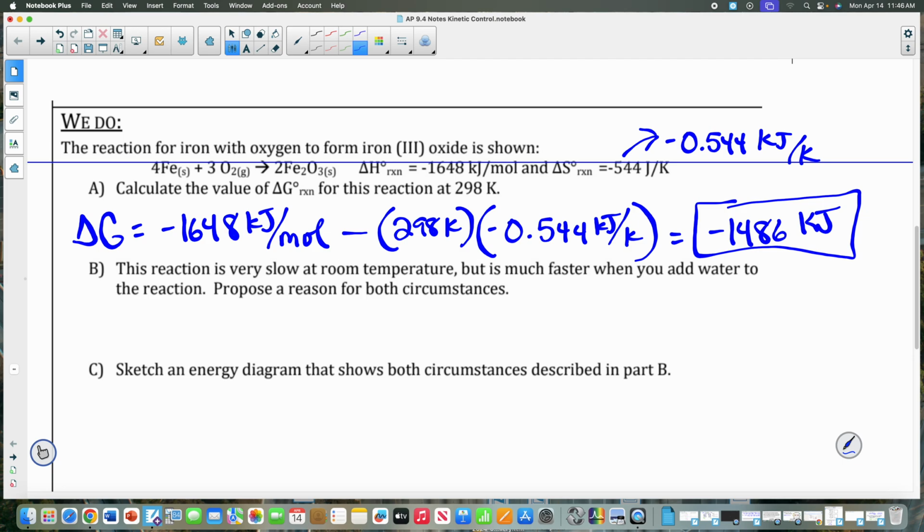Why would that be? What would be a good reason for that? Well, our delta G tells us that it's thermodynamically favorable, but as soon as we hear that something is going very slow, we immediately want to think under kinetic control.